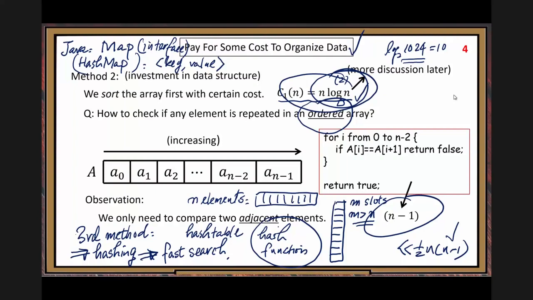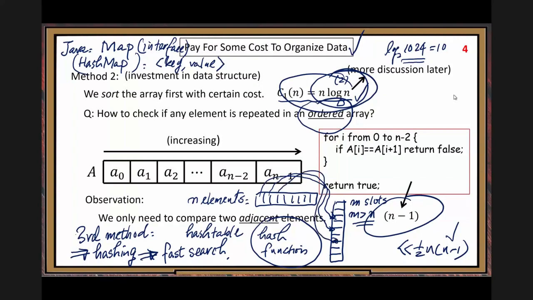But we know there is a hash function doing the mapping. The first element is mapped by its hash key somewhere in the hash table. The second one, you apply the hash function and it maps to some slot in the hash table, and so on. Each one, you apply the hash function to find a location in the hash table.